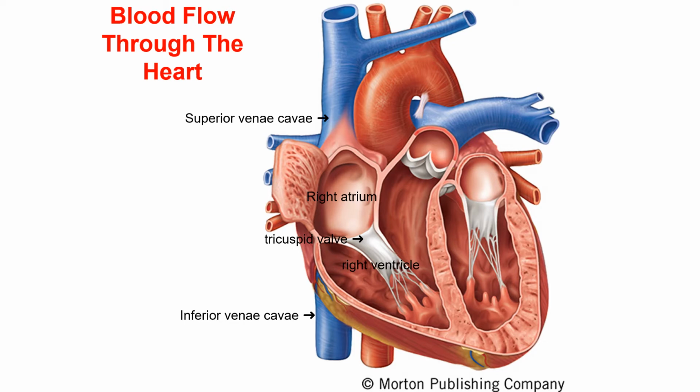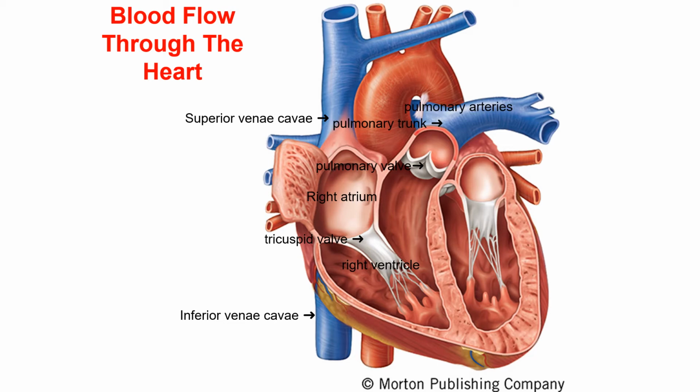So once you're in the right ventricle and that ventricle contracts, blood is going to be pushed through that pulmonary valve, and then you are going to go into that pulmonary trunk. The pulmonary trunk gives us a hint to where we're going. We need to go to the lungs because we have oxygen-poor blood, and we need to drop off CO2, that waste product, and we need to pick up more oxygen.